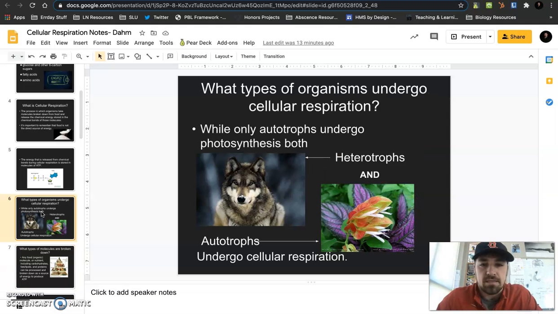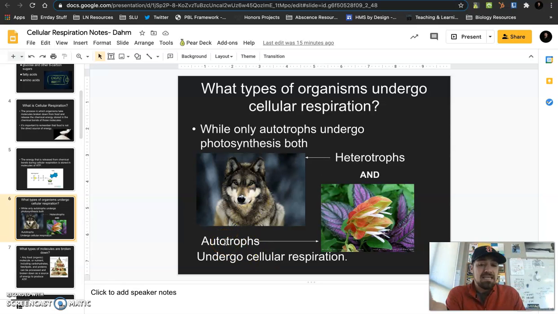what I want you to think about is animals, we eat our food. Okay? So we're what are called heterotrophs. We eat our own food, so therefore the only thing that we have to do is eat, so then our body can make energy. Okay, some organisms, though, like plants, they're autotrophs. They make their own food.